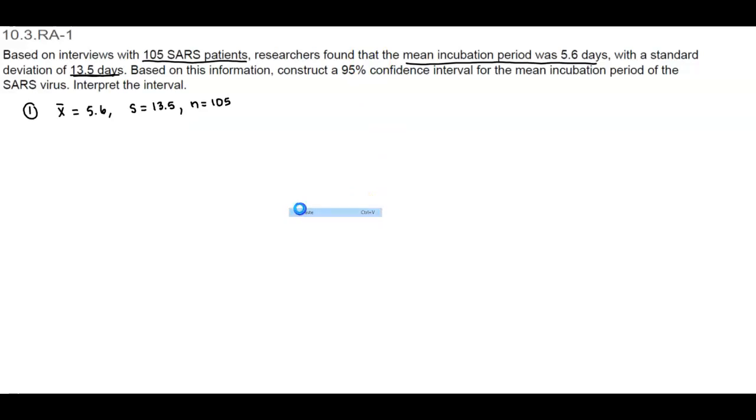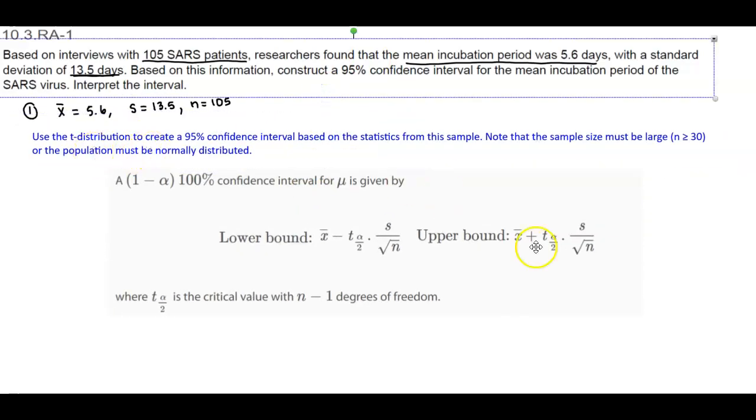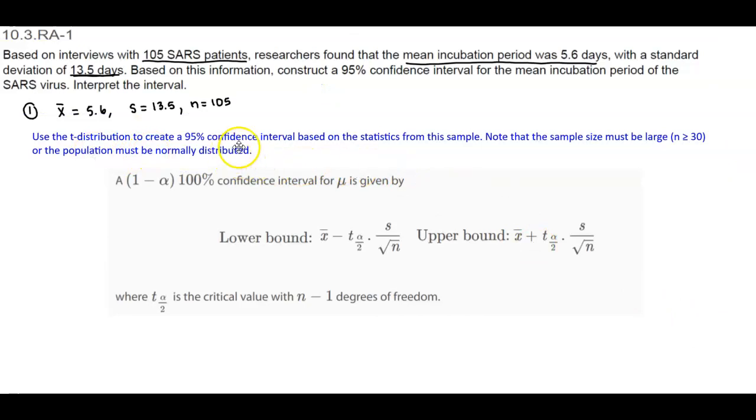Now we're going to use the t distribution to create a 95% confidence interval based on the statistics from this sample. Note that the sample size must be large, which means n must be greater than or equal to 30, or the population must be normally distributed.